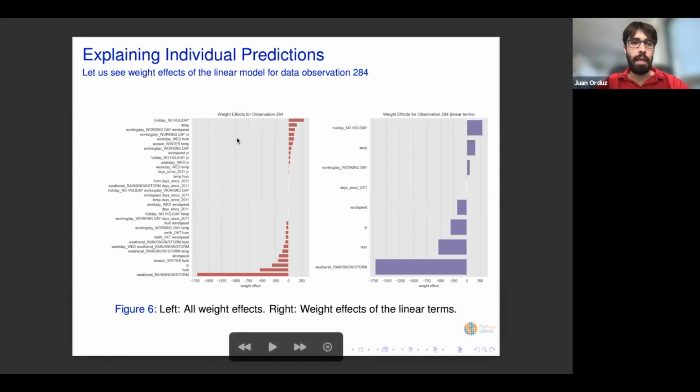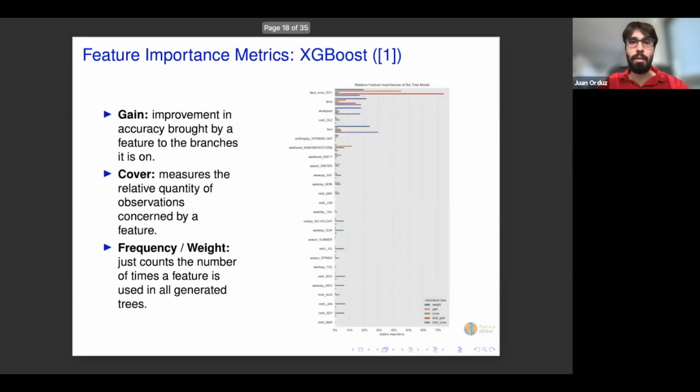For this specific case, this is a very bad day, probably raining, and it was in October. What is driving the prediction most is the indicator variable of the weather condition. We have all of the relevant variables in red, and in purple we just have the linear terms to compare. So it's very, very transparent how linear models generate predictions.